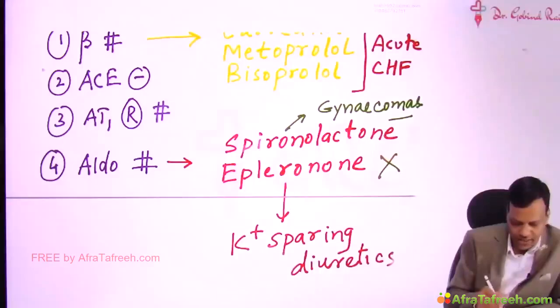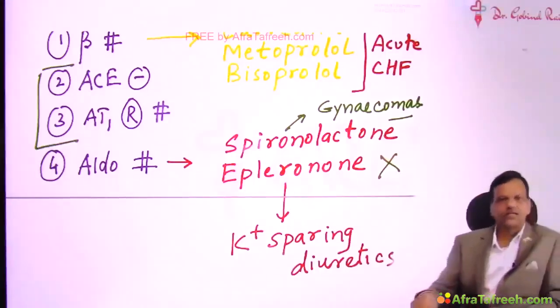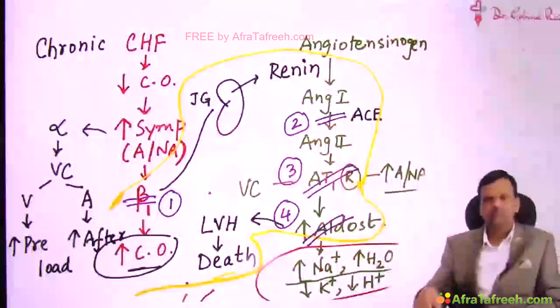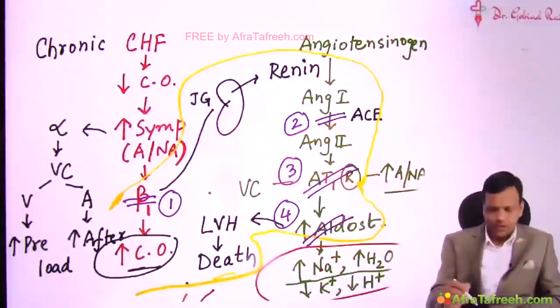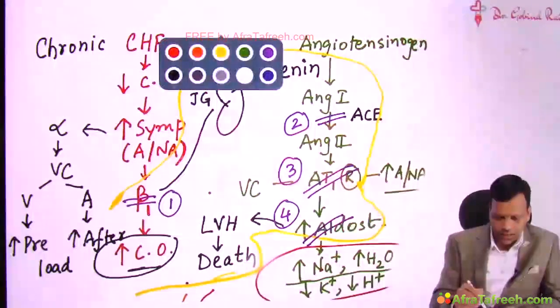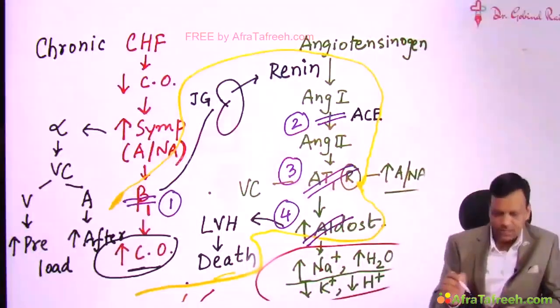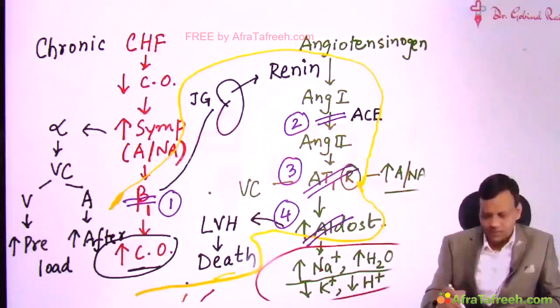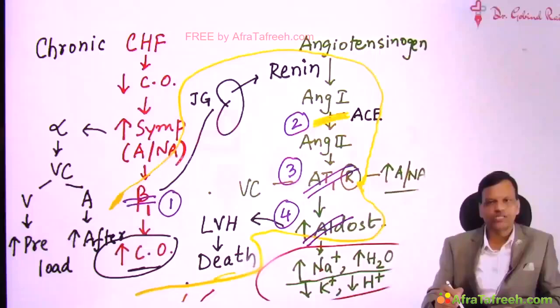So now we are left with ACE inhibitors and angiotensin receptor blockers. Now if we give ACE inhibitors, angiotensin converting enzyme inhibitors, that means ACE is not working. So when ACE does not work, angiotensin first cannot be converted to angiotensin second.